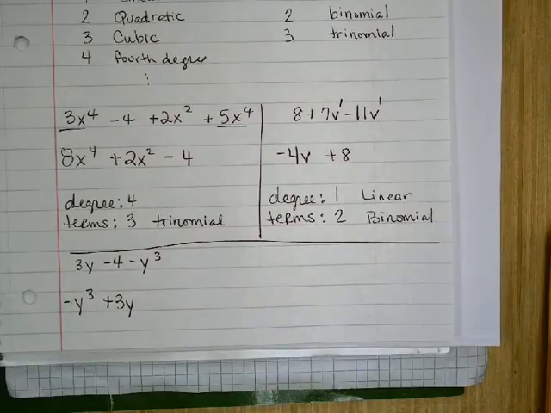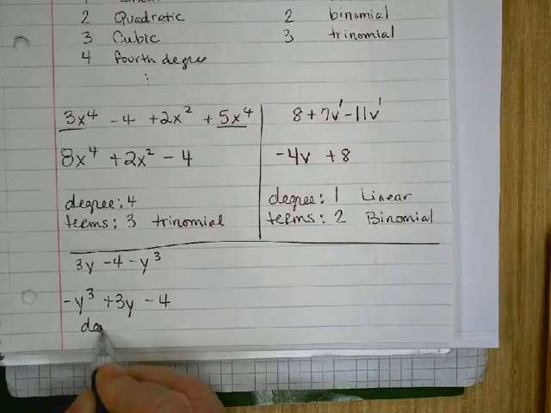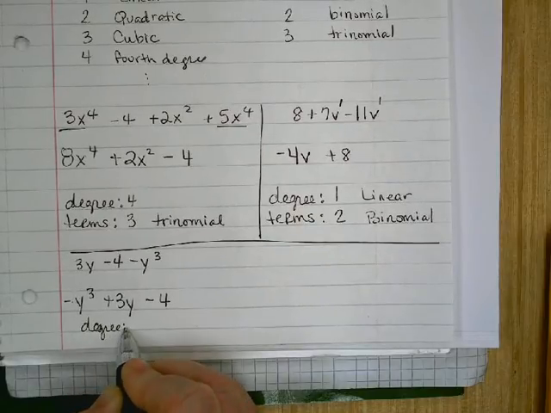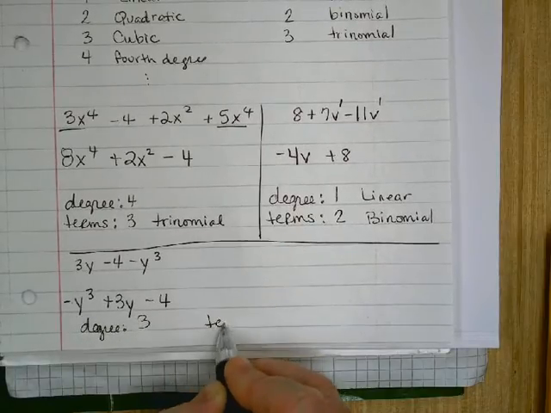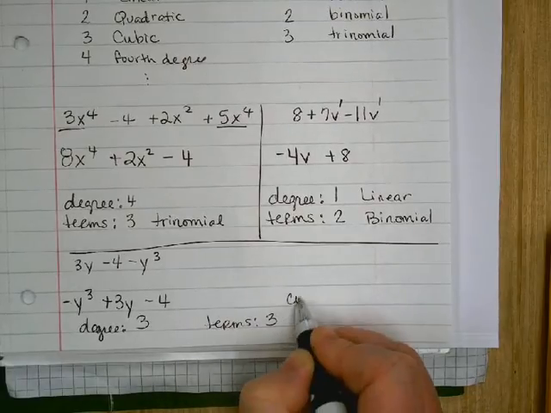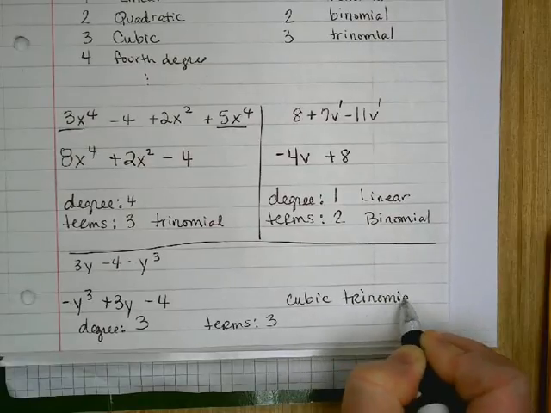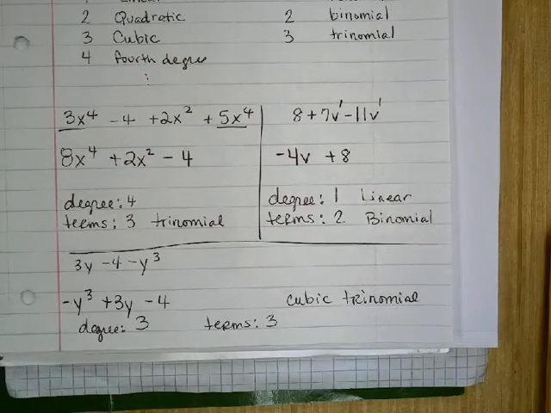And, yeah, that's y. What's the last thing I need up there, Leah? Okay. So what's the degree? And how many terms? So this is a cubic trinomial. Okay? You think you got this?